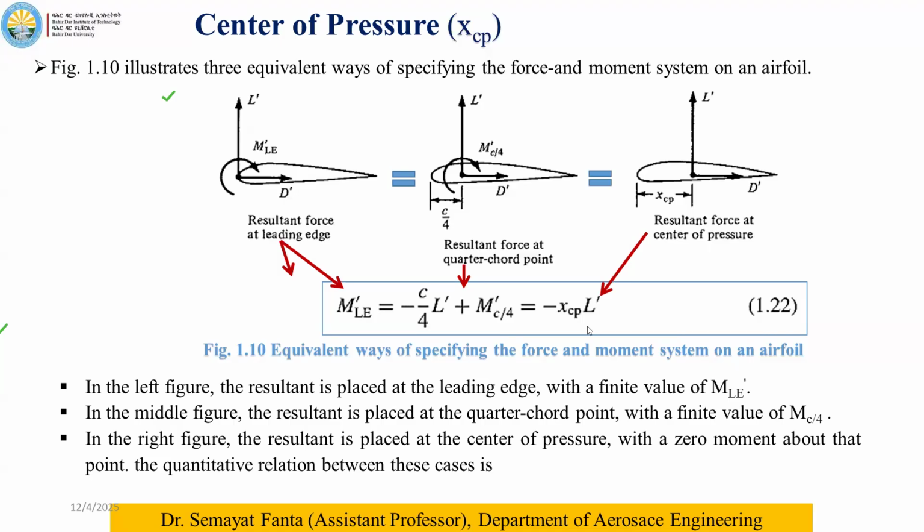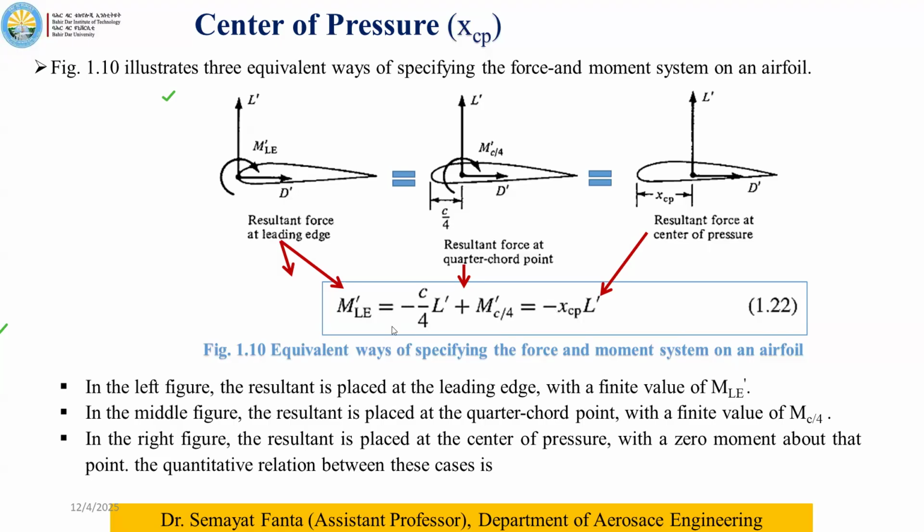That means the moment about the leading edge is equal to minus XCP times L, or equal to minus C over 4 times L plus the moment about C over 4, that is, the moment about the quarter chord. From this you can create three equations.